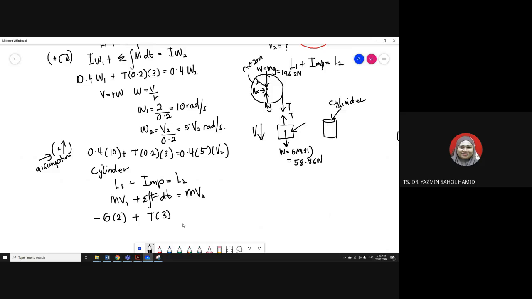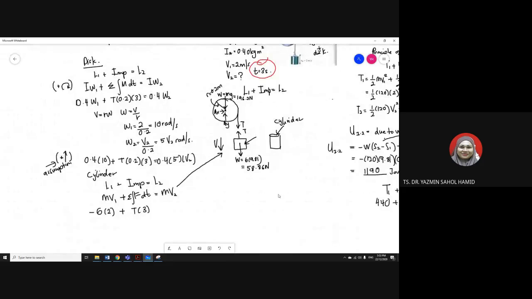T. Okay, now for the cylinder we have two, so for this one we are looking at this diagram here. You need to look at the diagram here.